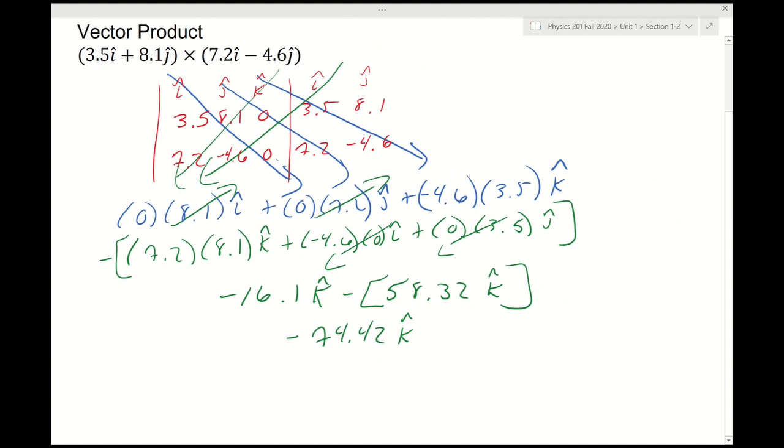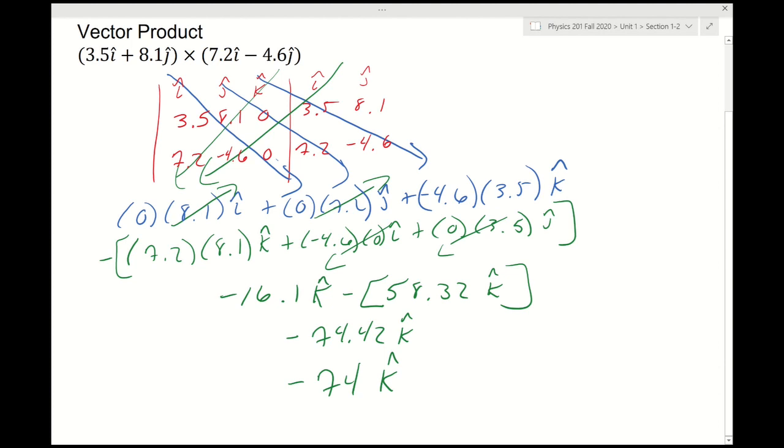This is another one of those areas that's a little fuzzy with regard to significant digits. I'm simply going to tell you to maintain what you have in the problem, since this is a form of multiplication. Everything involved here is multiplication or addition. And so in this case, I'm going to say it's negative 74 k.